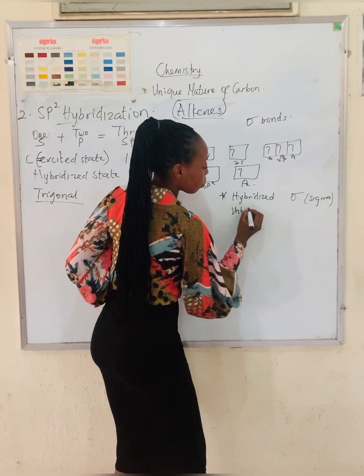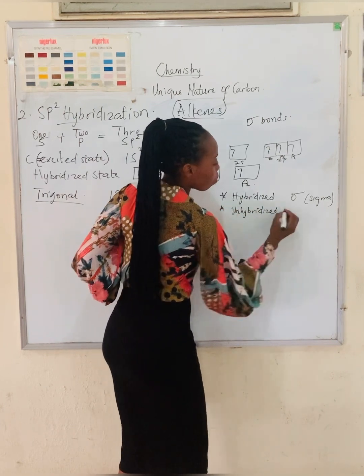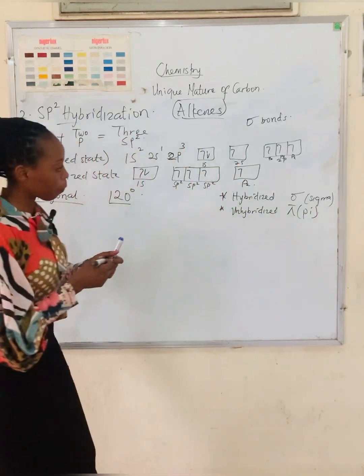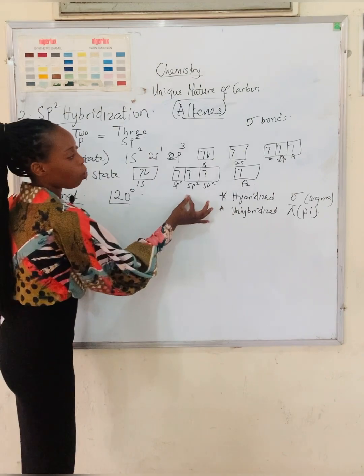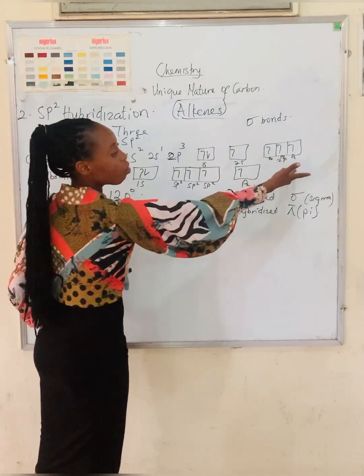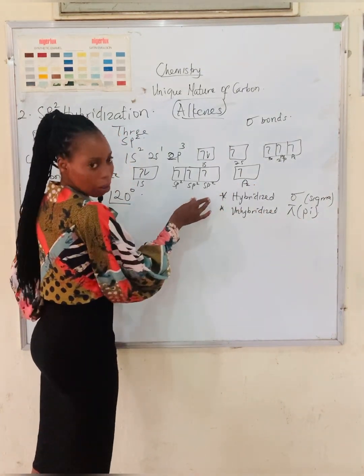Unhybridized orbitals form pi bonds. So these are the hybridized orbitals, like I explained. This is the one that is not hybridized, the one left from the p. So this will form the pi bond, and these will form the sigma bonds.